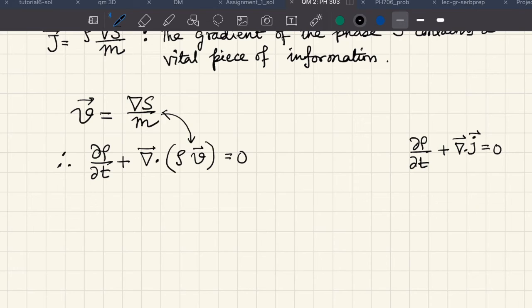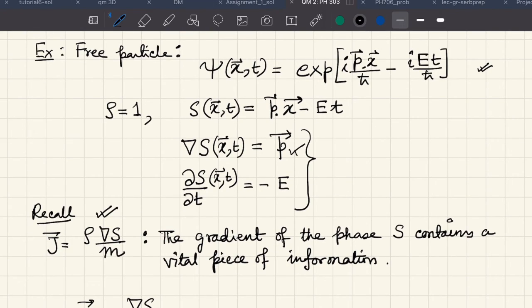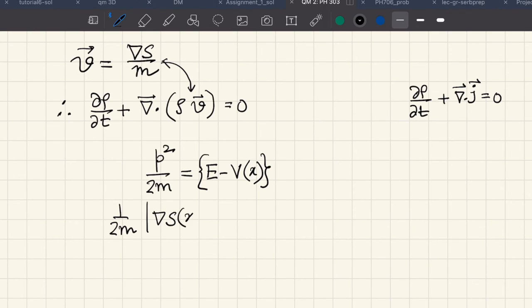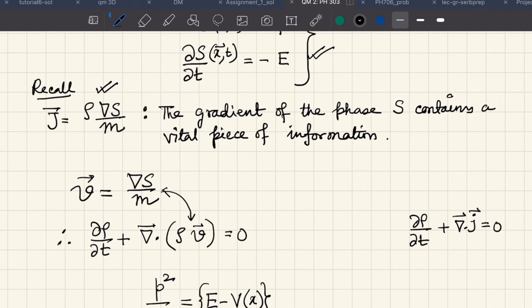I will end this class just by mentioning another thing, that we have just seen there is an analogy between P and gradient of this function S. So if I now look at the classical equation which we wrote, that P square by 2m is equal to E minus V of x, which gives us the kinetic energy, here we can write this as 1 by 2m gradient of S squared, plus V of x minus E, but E we have just now seen is del S del t with a minus sign.